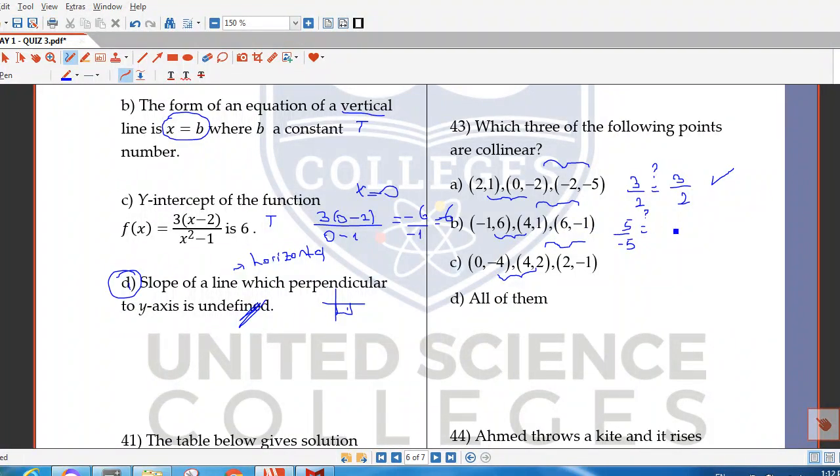Difference of y coordinate will be 2. Difference of x coordinate will be minus 2. It will be minus 1. It is also minus 1. So slopes are the same. Since 2 of them are true, 2 of them are collinear, and my question is which of them are collinear. Without checking the third one, I can say all of them are collinear.